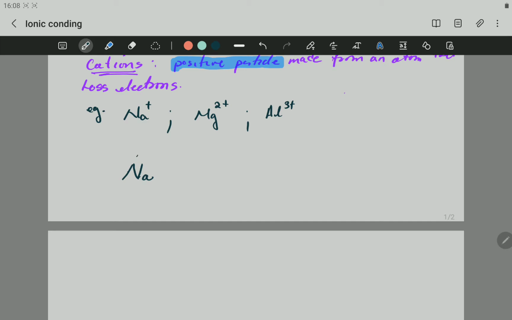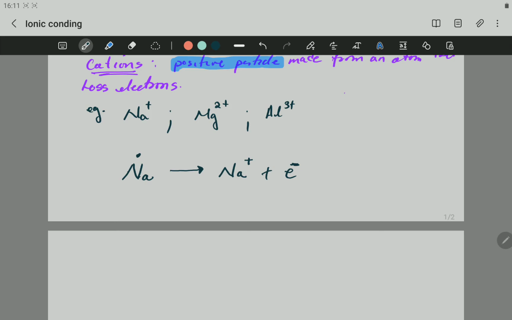Sodium has only one valence electron. Now, if sodium loses that electron, sodium becomes Na without that electron. So it loses one electron and will gain the positive charge. The electron is gone, it's somewhere there.